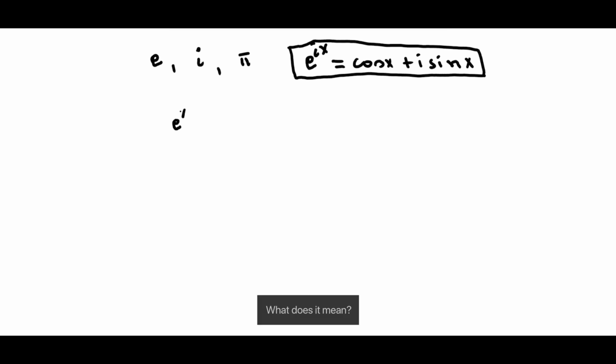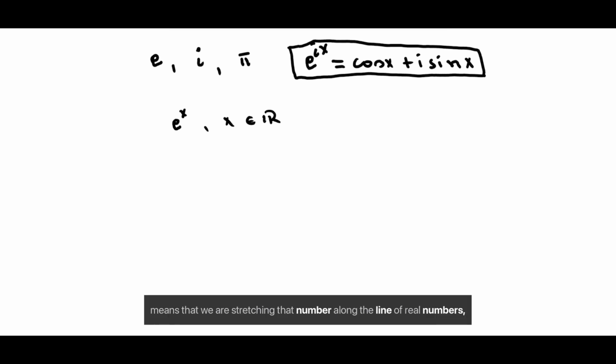Let's say e^x when x belongs to R. What does it mean? Normally, exponentiating a number like this means that we are stretching that number along the line of real numbers.